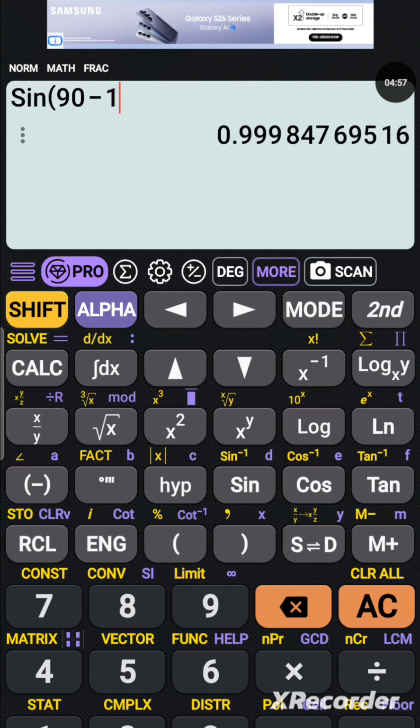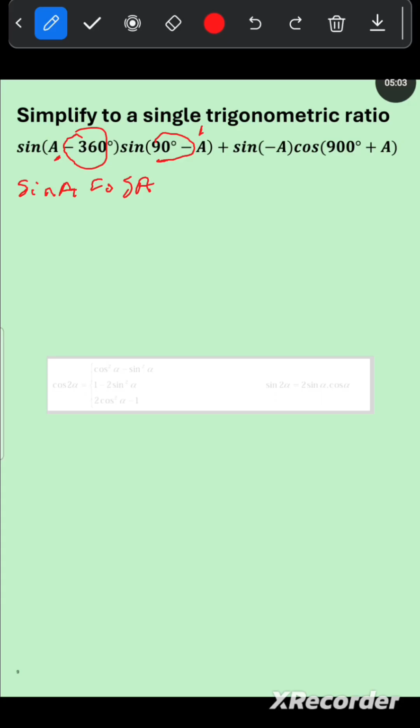So I get a positive answer, meaning the trig ratio is positive. So let me put brackets around this, and then I go to the next one.